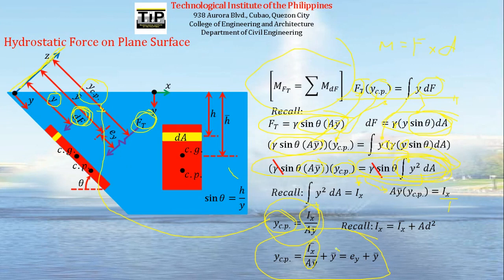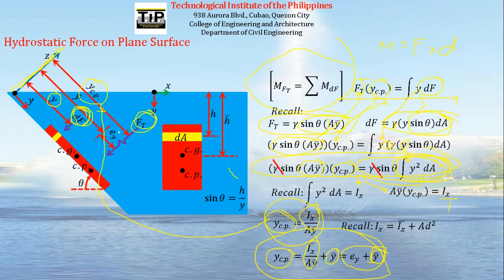So we also add y bar. Okay, so therefore, y sub Cp is equal to E sub y plus y bar.